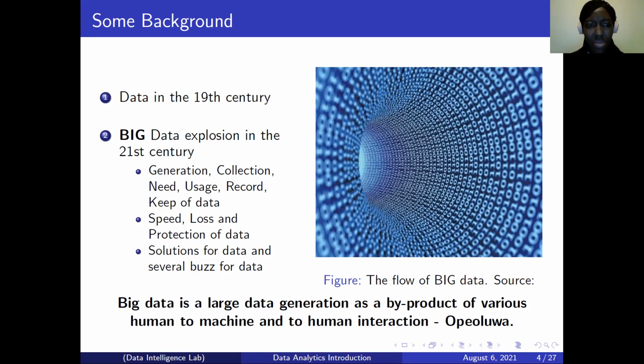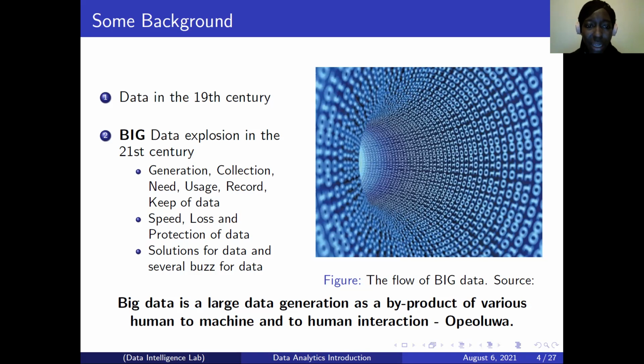And what does big data mean? Big data really is just data explosion, data in large capacity, data generated at high speed. Collection of data became much more important, unlike back in the 18th, 19th century, when people would collect data on paper or scrolls and then destroy it afterwards.